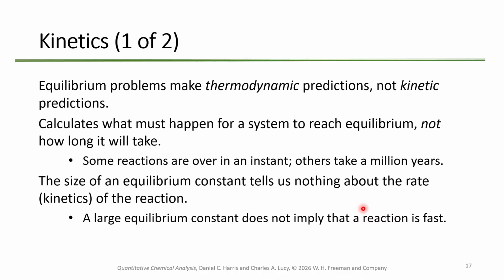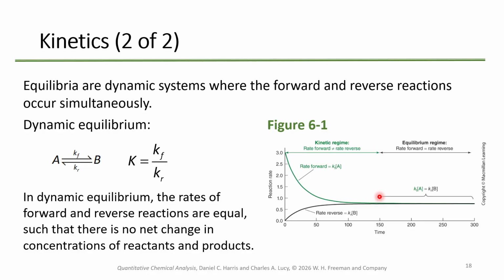Doesn't matter how large the equilibrium is. Okay? It can be incredibly spontaneous, just the most spontaneous thing in the world, and it could take 1 million years, right? Equilibriums are going to be dynamic systems. You'll have the forward and reverse reactions, and they're going to occur simultaneously.